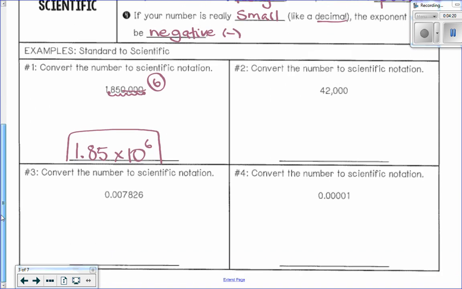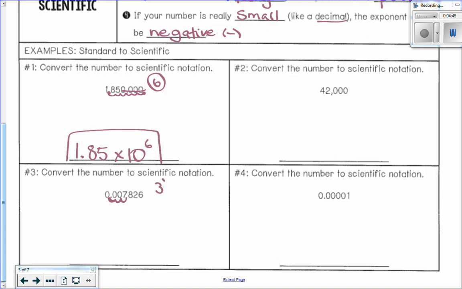So let's look at number 3. We're going to convert the number. This is standard form. We're going to convert to scientific notation. What's our first step? Good. Move the decimal. Where should I stop? Behind the 7. How many times did I move it?